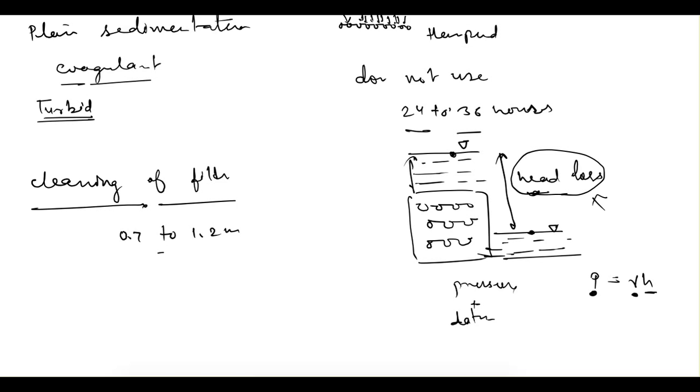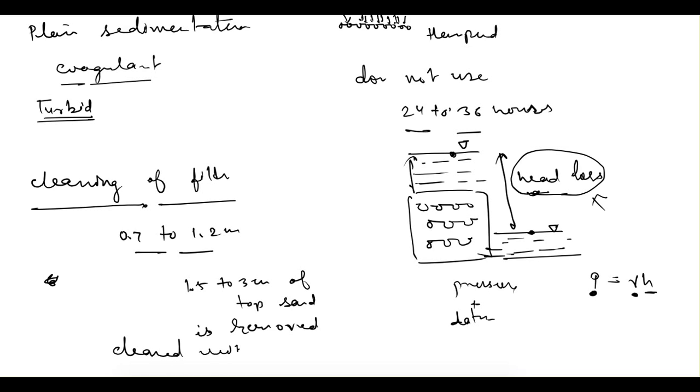So when this head loss exceeds 0.7 to 1.2 meter, we go for cleaning of the filter. And for the cleaning, what is done? This top layer is removed. Around 1.5 to 3 centimeter of top sand is removed, and then the filter is scraped and cleaned with water.